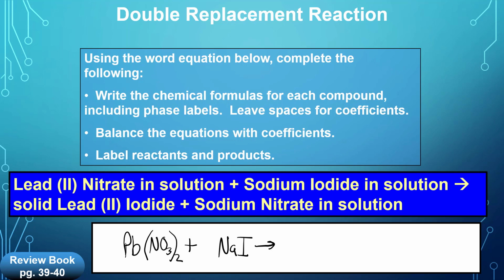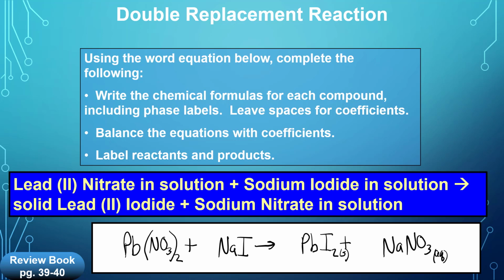They're going to change. Now we're going to have lead 2 iodide, so PbI2, plus sodium nitrate. So now we're going to have NaNO3. And we need to put these aqueous. This is going to be a solid, s.